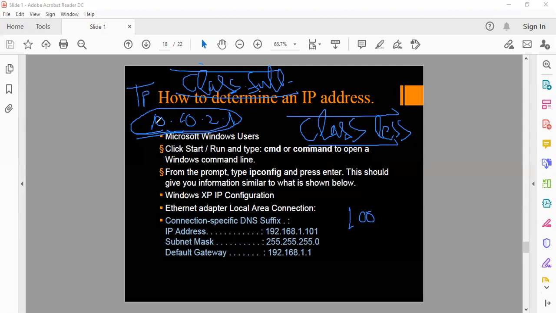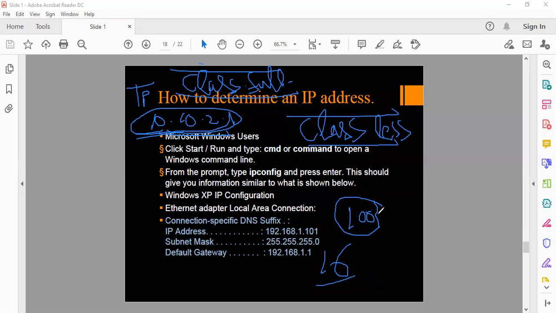Suppose Zaid uses this IP addressing and he has only 100 users, while the capacity of class A IP addressing is 16 million.